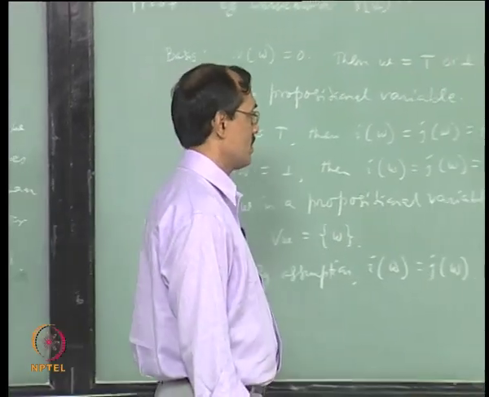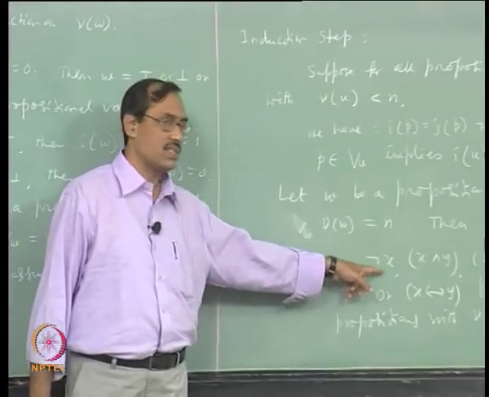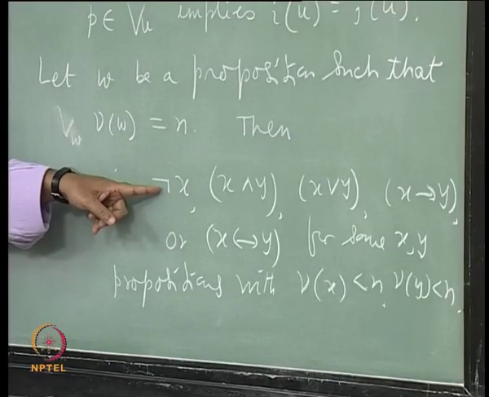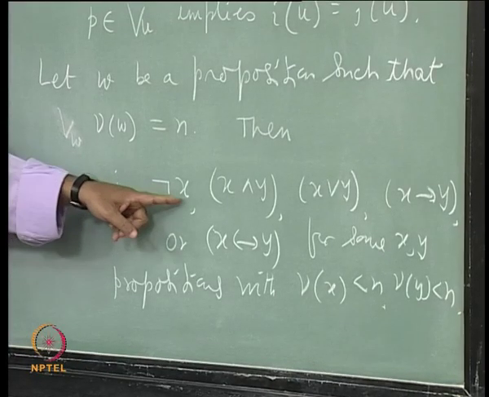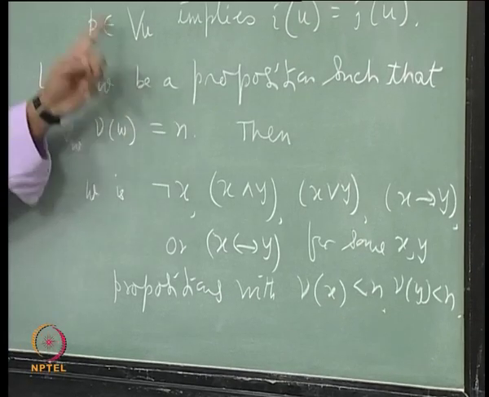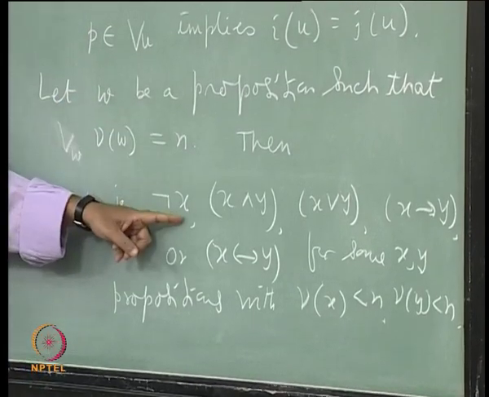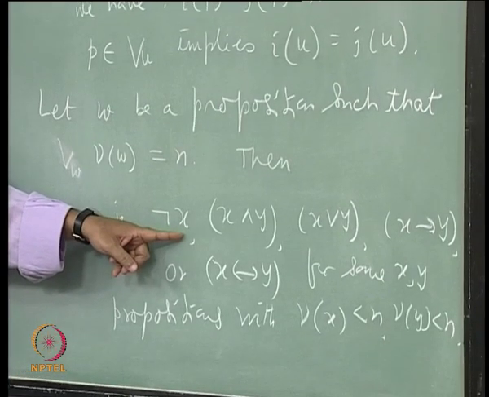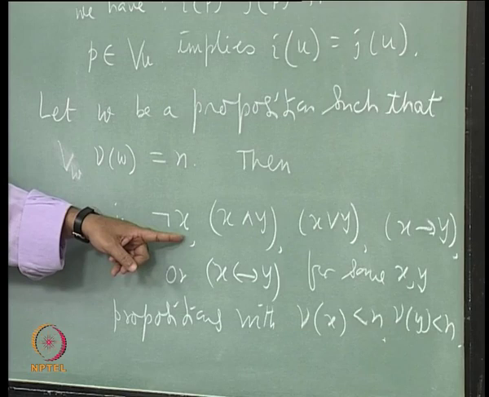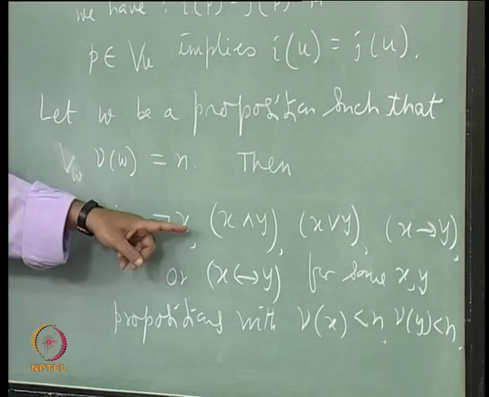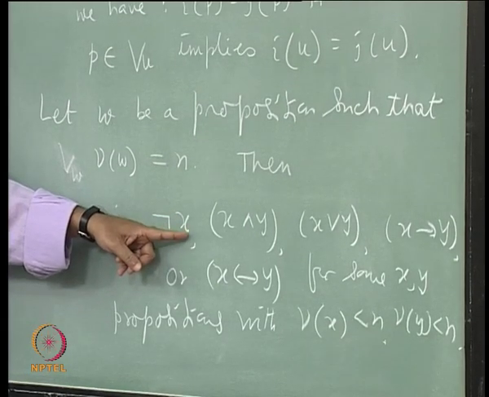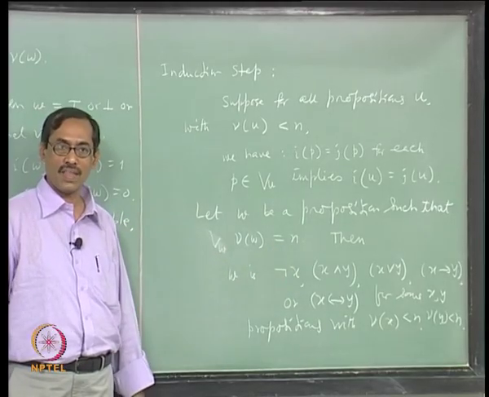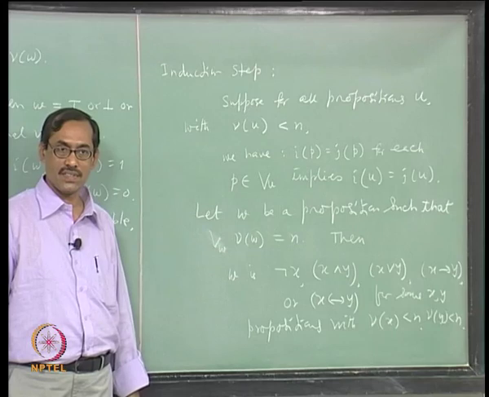Yeah. Let us see the first case. Suppose W is not x. Now, nu of W is n. So, nu of x is less than n. Now, apply the induction hypothesis, I of x equals j of x. Is that clear? Because all the variables occurring in x, that set is a subset of variables occurring in W. So, you can apply the induction hypothesis.